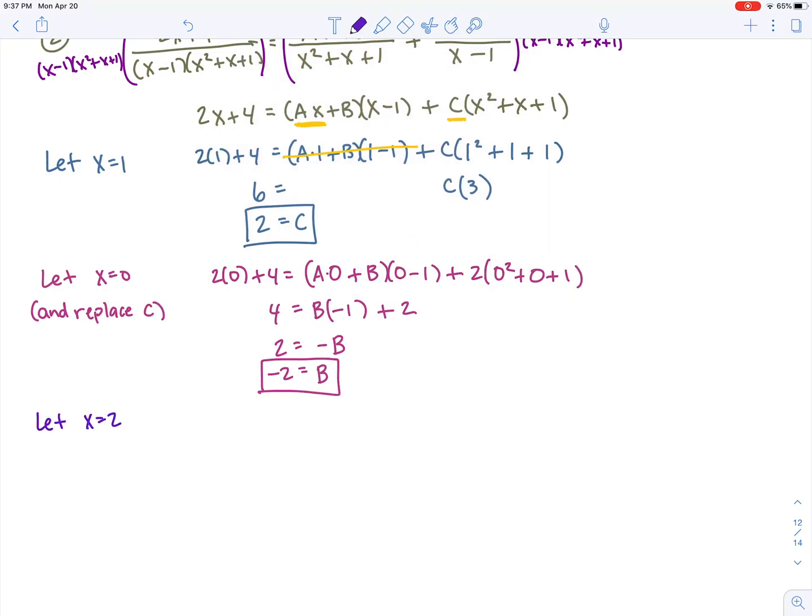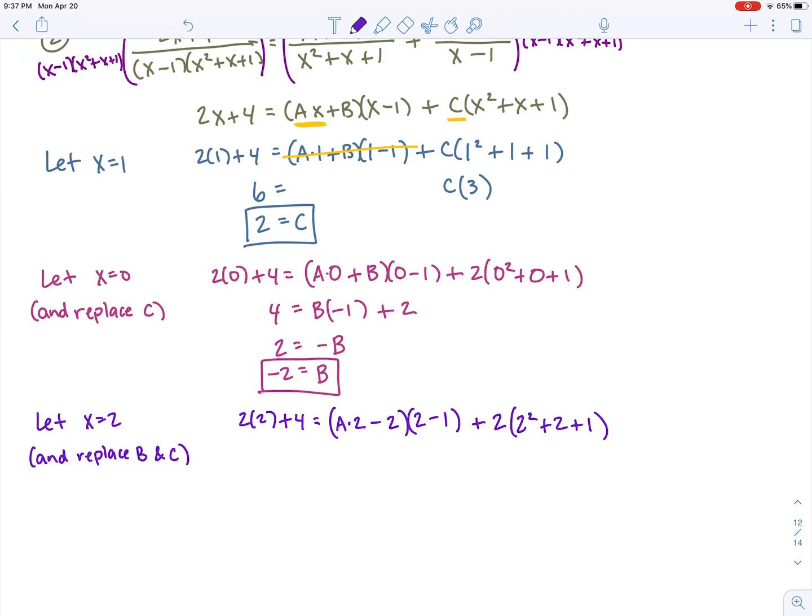So let's let x equal 2 and replace b and c. I'll have 2 times 2 plus 4 equals a times 2 plus b. Oops, b is negative, so I'll do minus 2 times 2 minus 1. That's kind of the reason I picked 2 right there. C is 2 times 2 squared plus 2 plus 1.